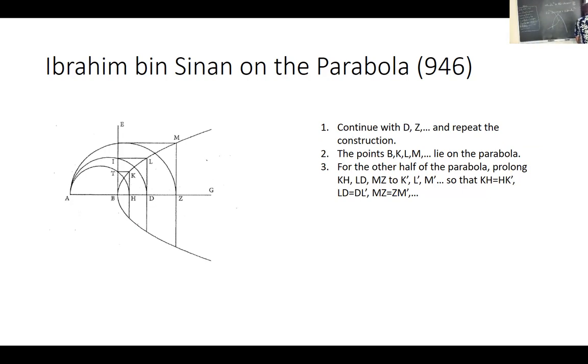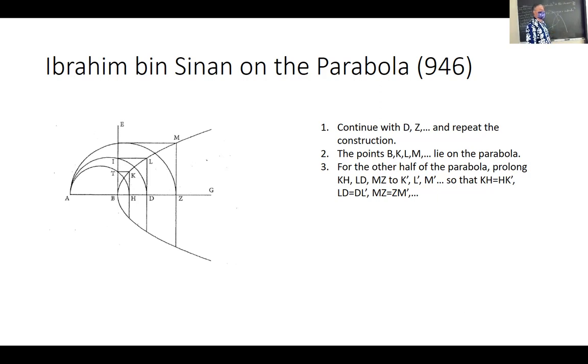Then you extend these ordinates down here such that this equals that, and it gives you K prime, L prime, and M prime down here. That gives you a whole bunch of points on the parabola, and then in your best hand, you try to smoothly join them. And that's how you make a parabola.